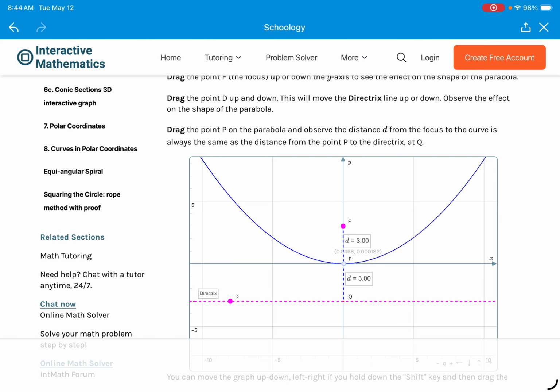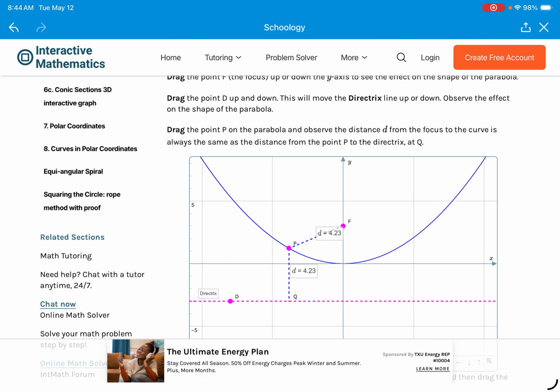As you get right on the line there, it becomes that value of p, and they equal out, and then you can expand up the side. Sometimes it really doesn't look like they are, but those two lines are equal at every point on the parabola.